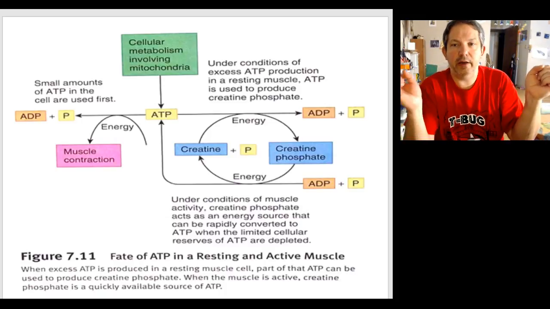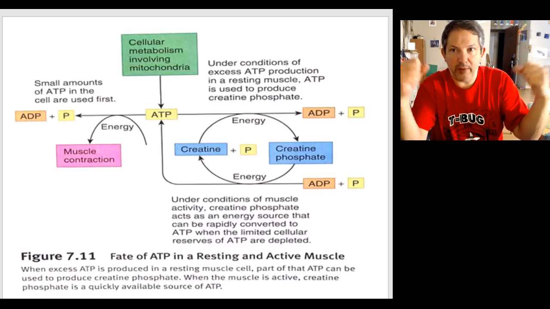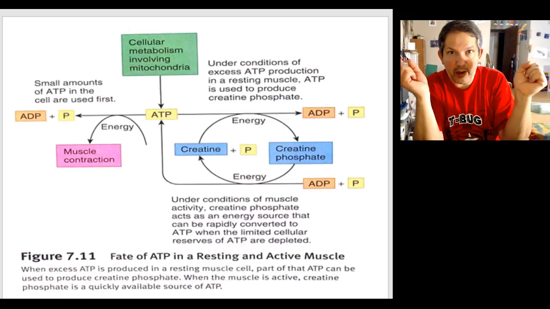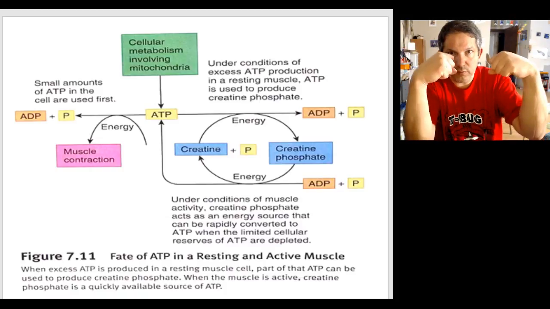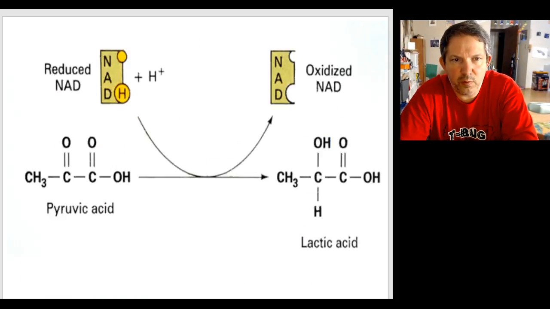The energy that was actually doing the contracting was the energy that had been stored there, and then it was ready to go. So the question becomes, what if you run out of ATP?